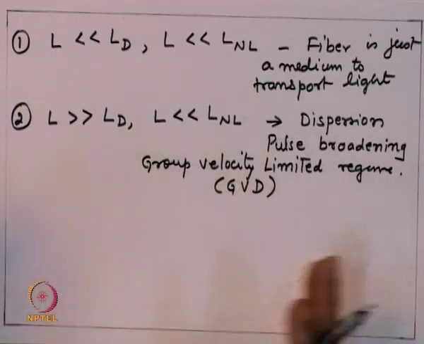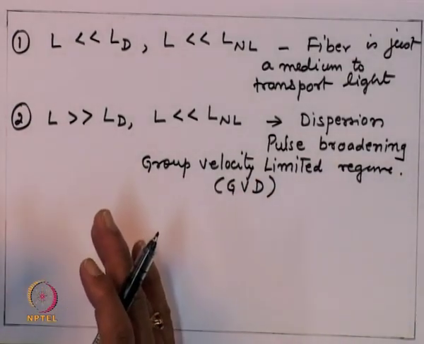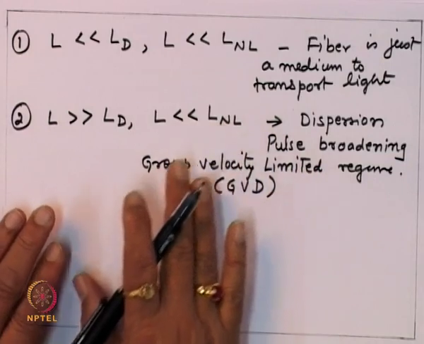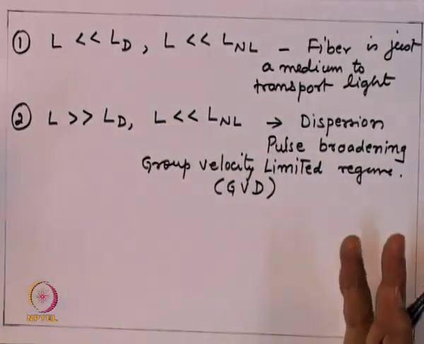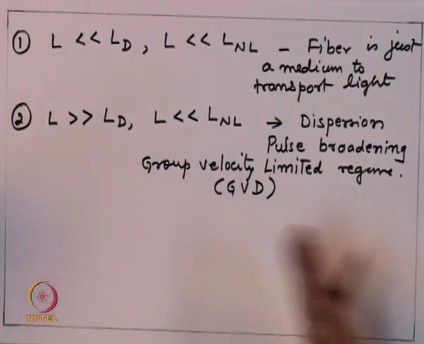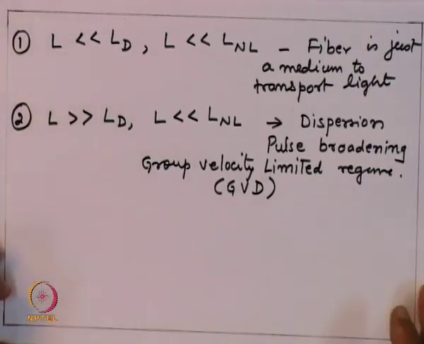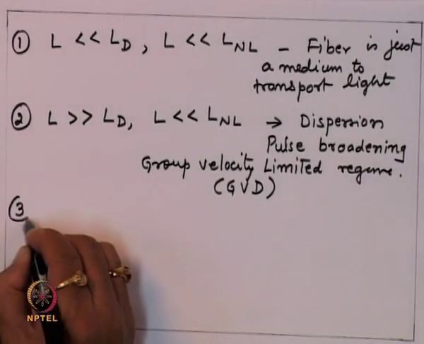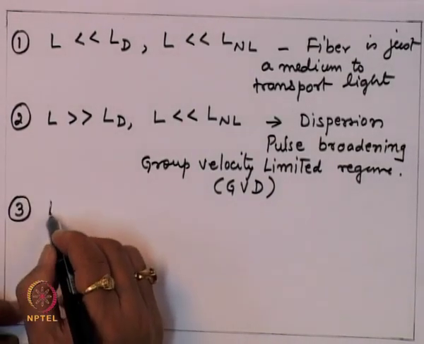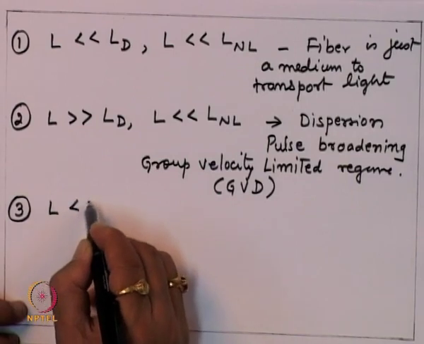In normal optical communication, most of the time this is the situation: the length is much larger than L d, but nonlinear effects are not significant and you see pulse broadening on the optical fiber.